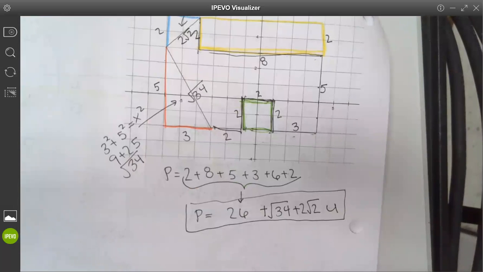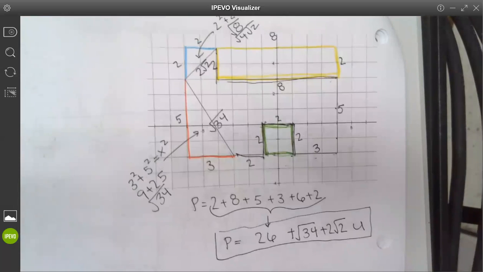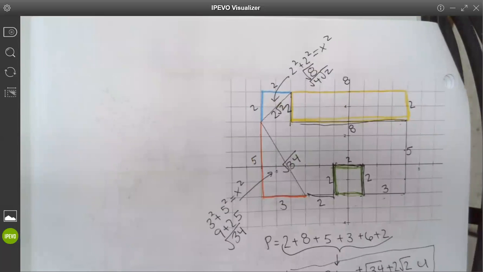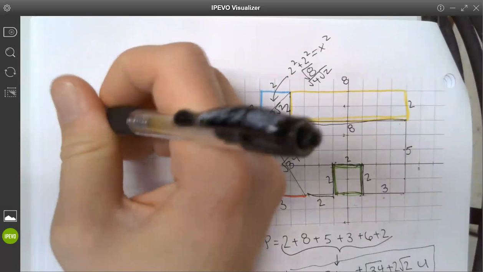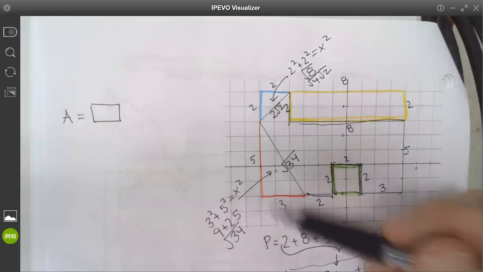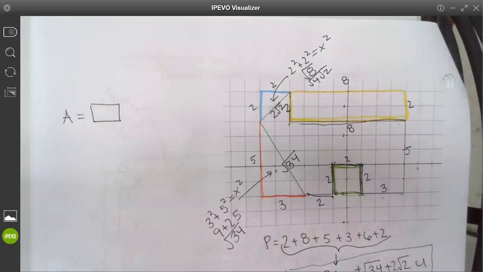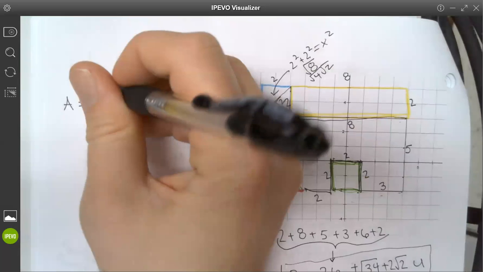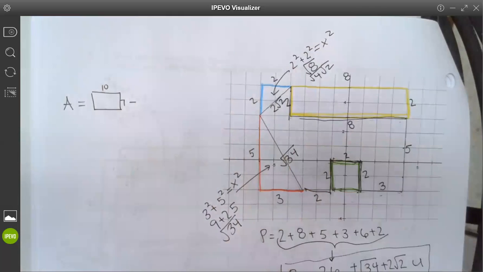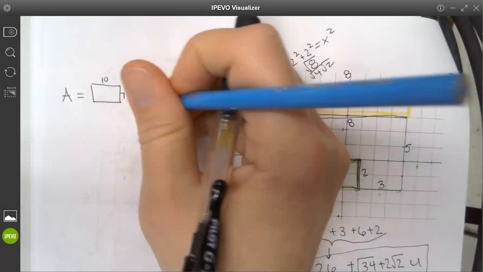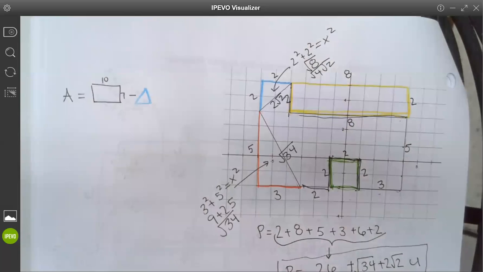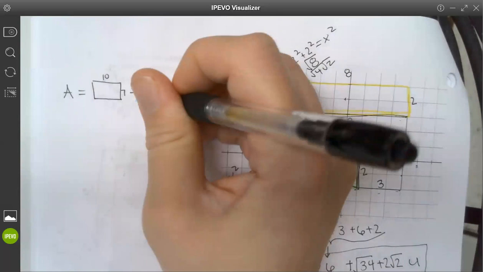To find my area, I'm just going to move so you can still see the picture over here. Find my area, what size is the box I've created? 10 by 7. And I need to subtract out the blue triangle. I only have one of them. It's 2 by 2.